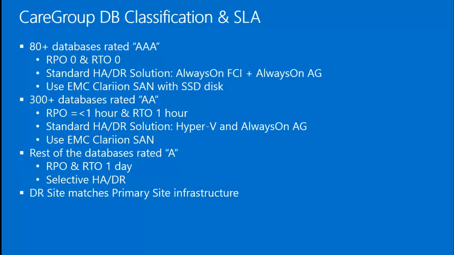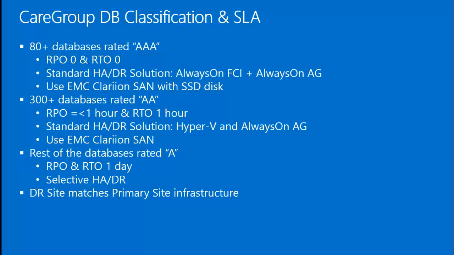This is the environment. I have a few slides talking more about the existing design. The way for us to maximize our investment and manage the environment efficiently is we group the databases by classification. We have 3 classifications: AAA, AA, and 1A. AAA is 24/7, mission critical, 0 downtime, 0 data loss. Those are clinical or patient systems that we can't let go down for any reason.